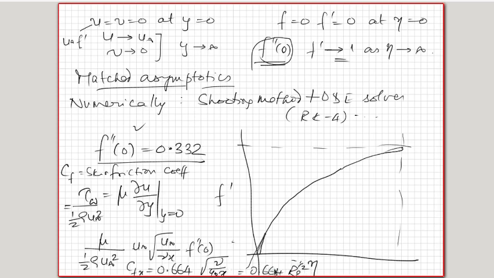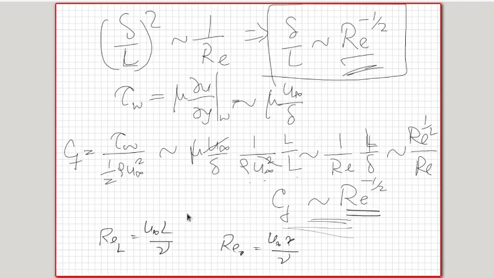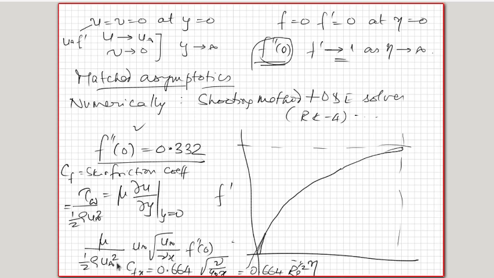Okay, so this, if you remember correctly, in page number 34, let's go back there. By order of magnitude analysis, we had obtained that CF will be of the order of tau wall by rho infinity square, CF will be of the order of RE to the power of minus half, and that's exactly what we have found in page number 43 now, that you get CF is going to be of the order of RE to the power of minus half.